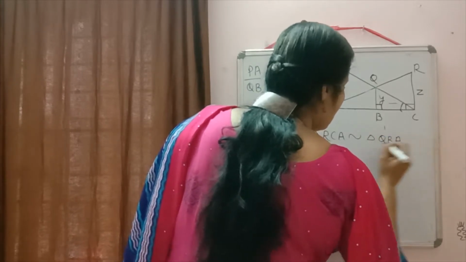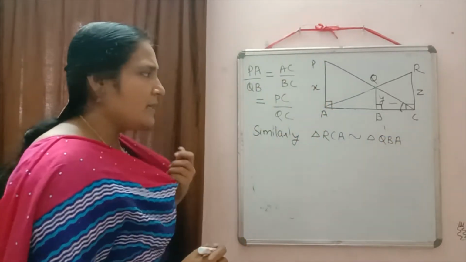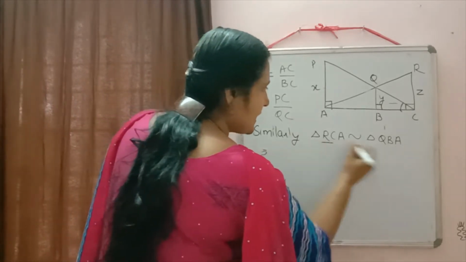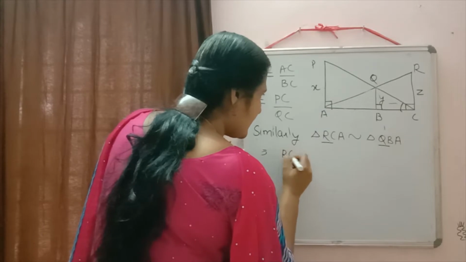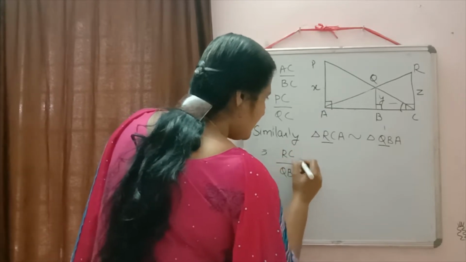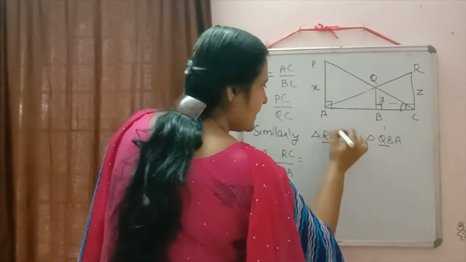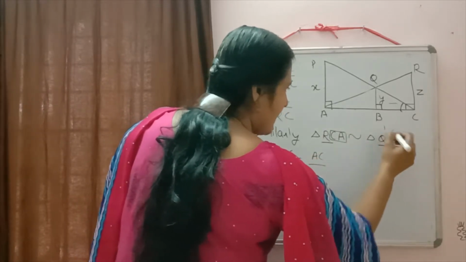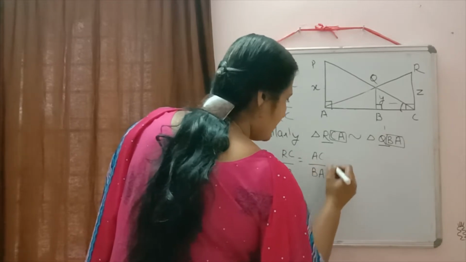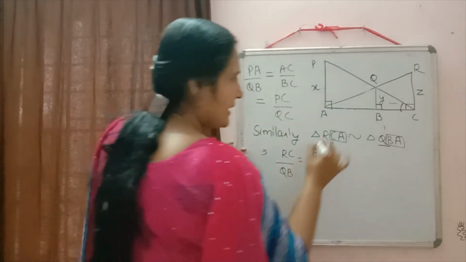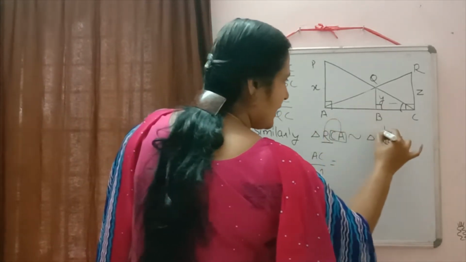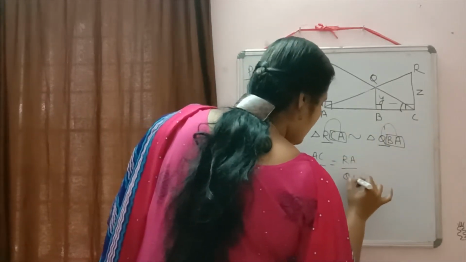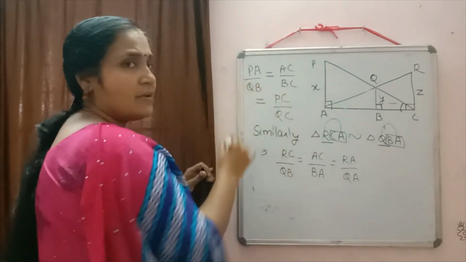Again we will write the ratio. The first side is RC, so RC by QB is equal to the second side, AC by BA, is equal to the next one, alternate one, RA by QA. In the first one we already wrote there.